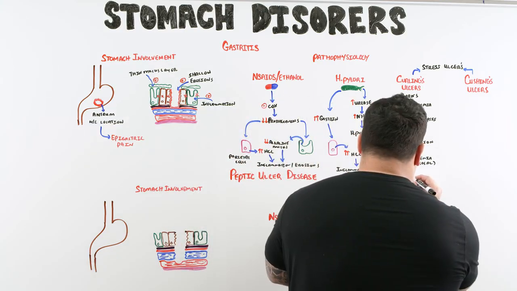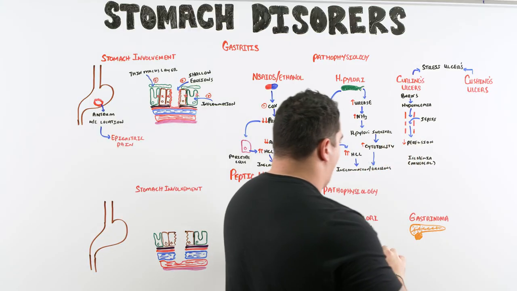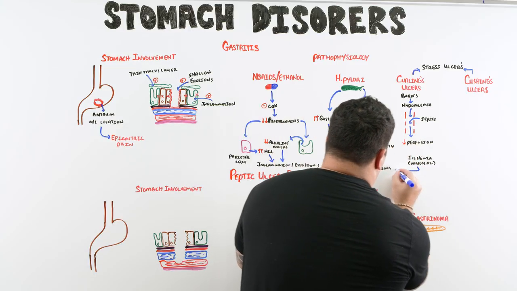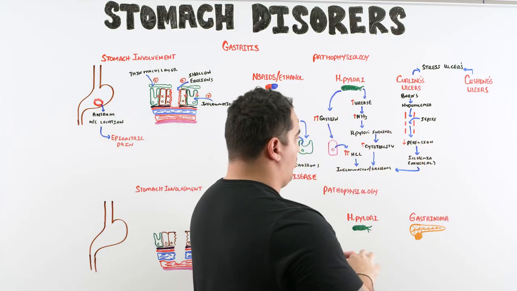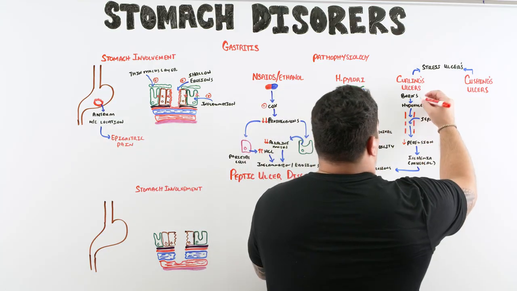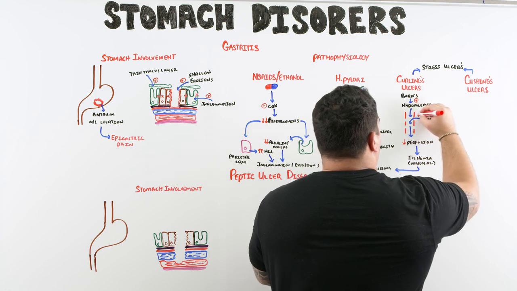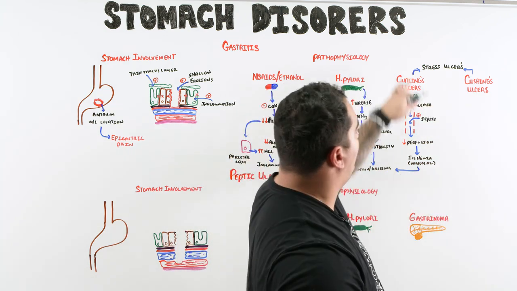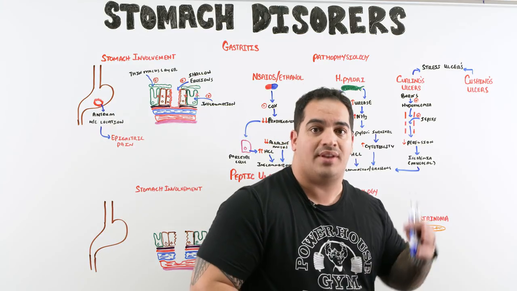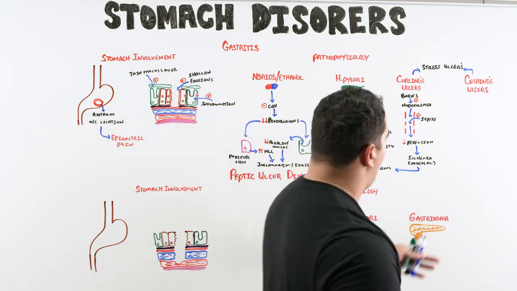This will precipitate increased inflammation and erosions due to poor perfusion. So remember, the primary stimulus here is burns and sepsis, okay? Just a different pathophysiological process. But under the umbrella of critically ill patients, we call this Curling's ulcers.